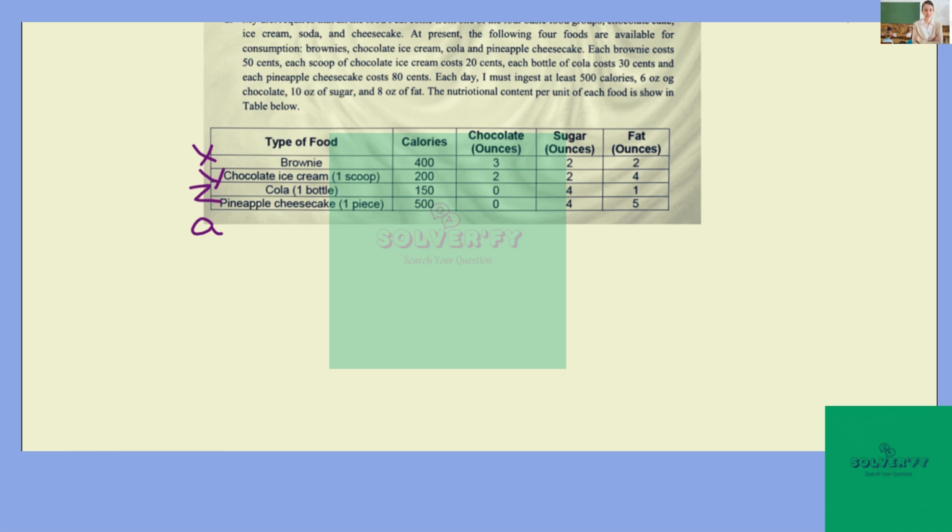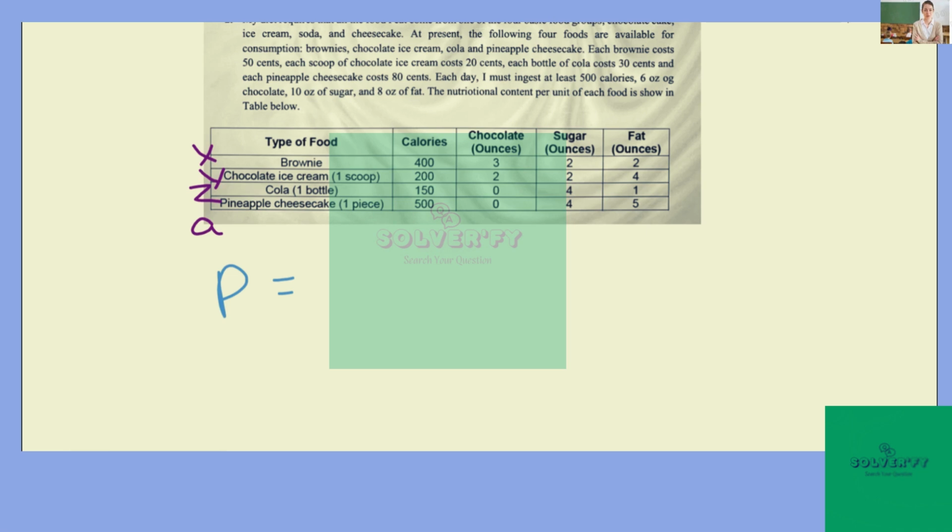The following 4 foods are available for consumption. We want to figure out what would be the best options to spend the least amount of money. So first, for my model, I want to do a cost function so I know how much I am going to be spending.